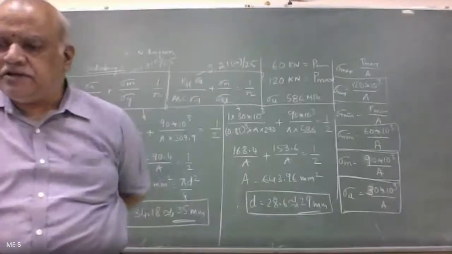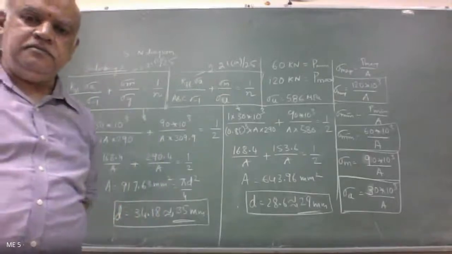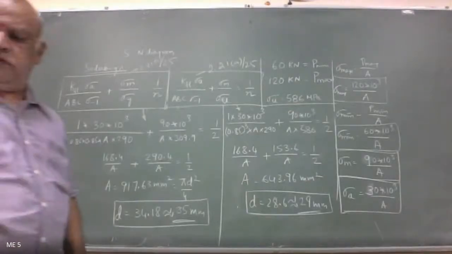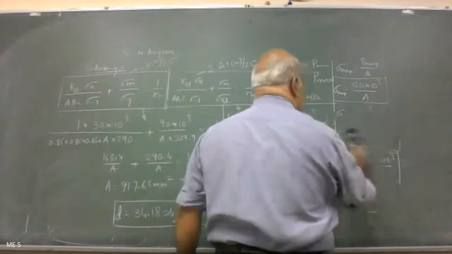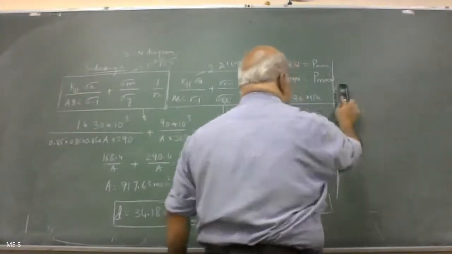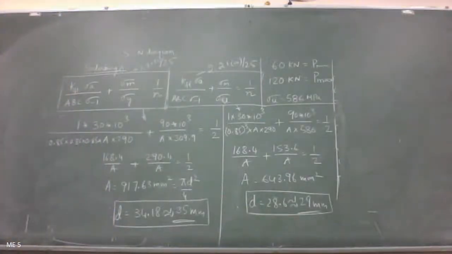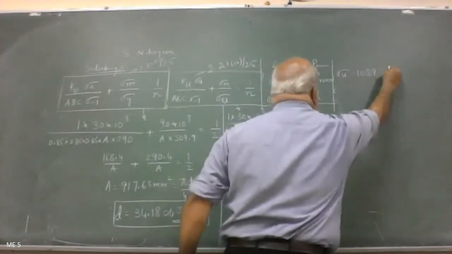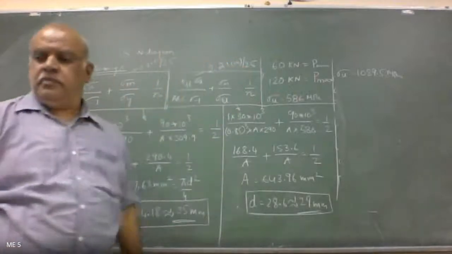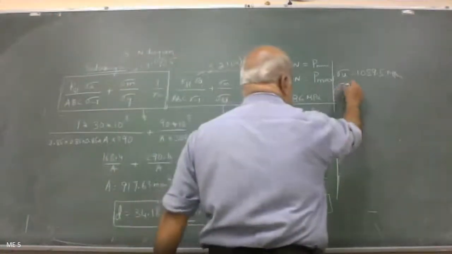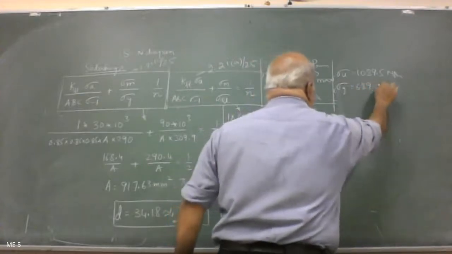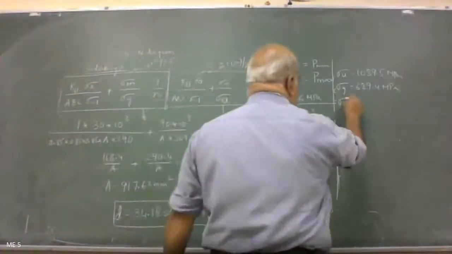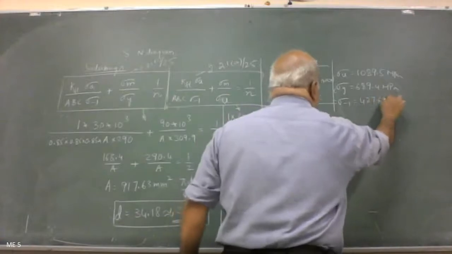Yes, sir. This was asked for 10 marks. A steel rod, within brackets, sigma u is equal to 1089.5 megapascal. Continue, sigma y is equal to 689.4 megapascal, and sigma endurance is equal to 427.6 megapascal.